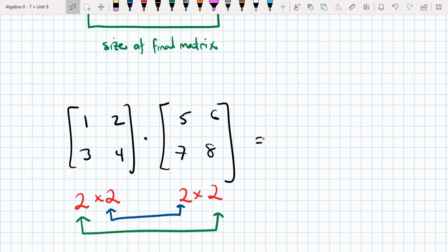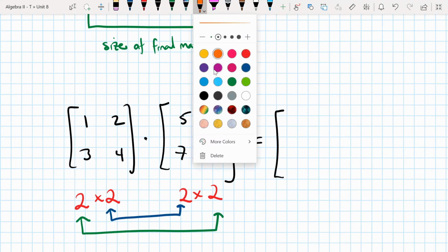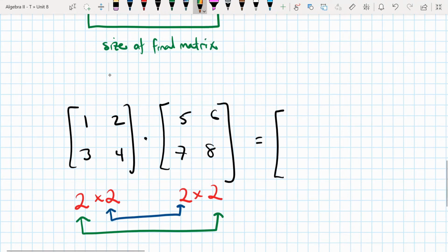It gets a little tricky. The way we do this is we multiply the rows by the columns. For the first element, we're figuring out what number goes here. We're going to multiply the first row with the first column.